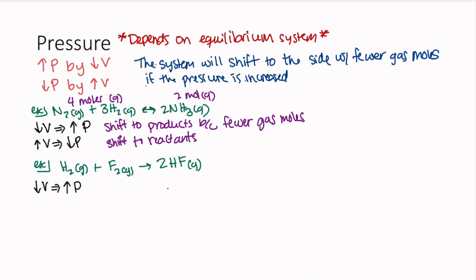And here I have 2 moles of gas on my reactant side and 2 moles of gas on my product side.